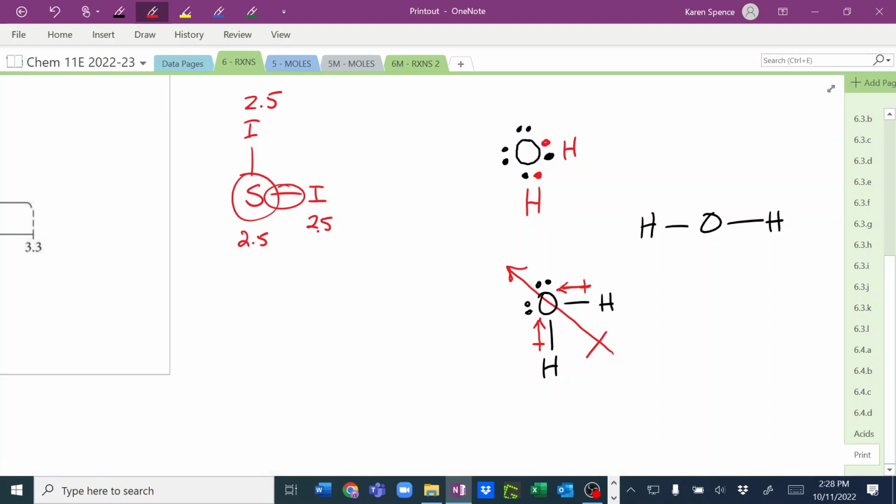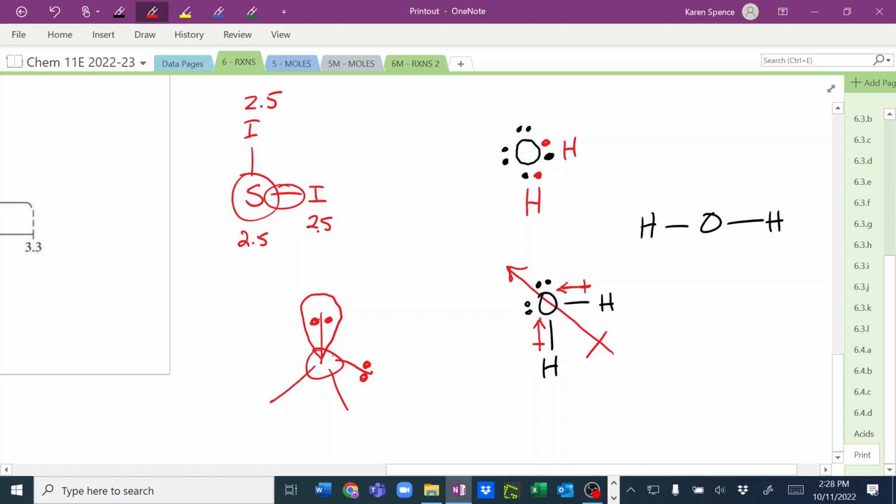Now, to be honest, water doesn't really look like this. Do you guys remember, if you have 4 areas of electron density around your atom, how would they arrange themselves so they're as far apart from one another as possible? In a tetrahedron. So we would have literally our little tripod with the thing going out the top. 2 of these would be lone pairs, and we can show them like a little bubble with the 2 electrons in it.